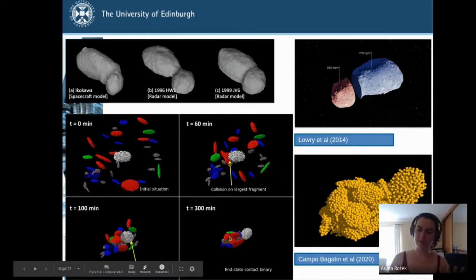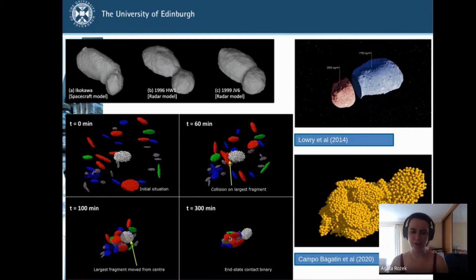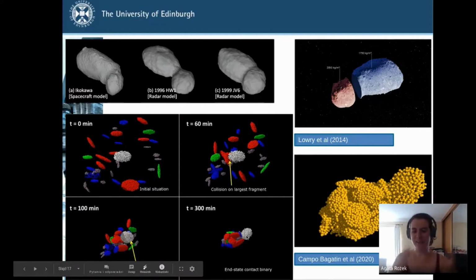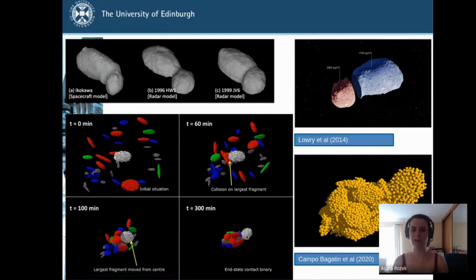Well, immediately: 300 minutes, 5 hours after the collision, we already see the contact binary. So rather than the fragments coalescing into 2 bodies that then gently merge over thousands of years, just after the collision we immediately see those shapes in the numerical simulations.